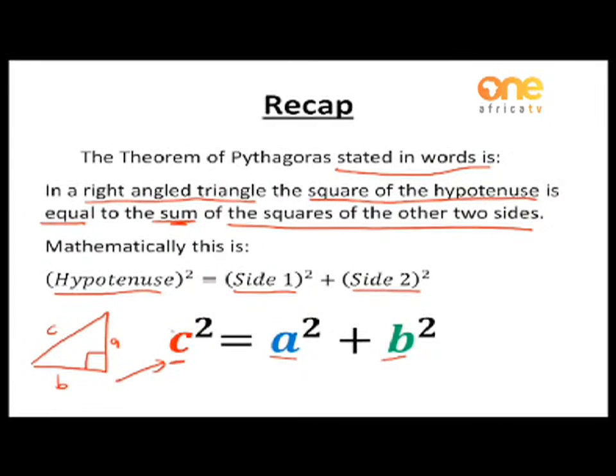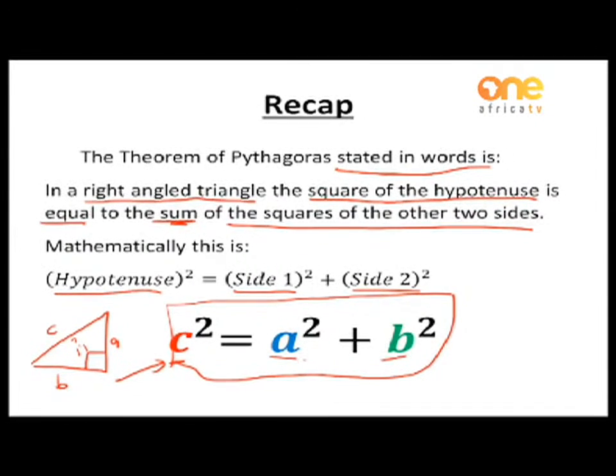Another thing you can use Pythagoras' theorem for is if you wish to see if this is a right angle, you use the sides of your triangle and you check if they obey this formula. If they do, then you have a right angle triangle.